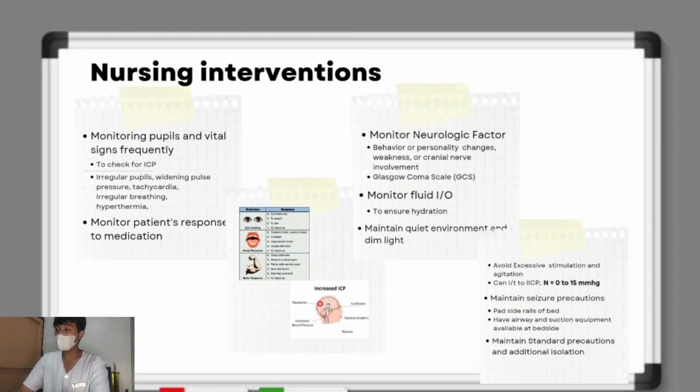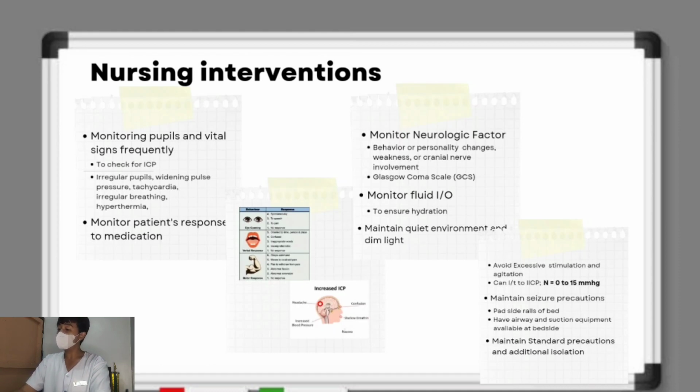Monitor neurologic factors, behavior or personality changes, weakness or cranial nerve involvement, Glasgow Coma Scale. Monitor fluid input and output to ensure hydration. Maintain a quiet environment and dim light. Avoid excessive stimulation. Agitation can lead to increased cranial pressure.